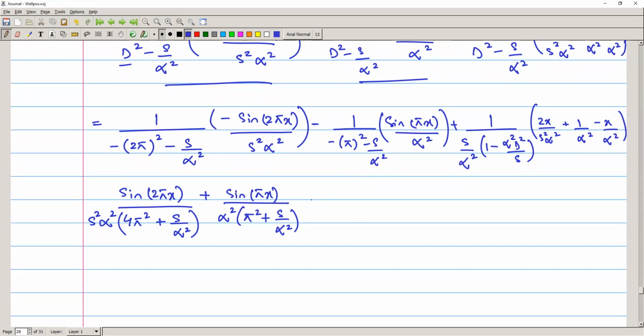And for this, we need to shift this 1 minus alpha squared D squared over s. So it will be to the power of -1, and this s over alpha squared, 2x.